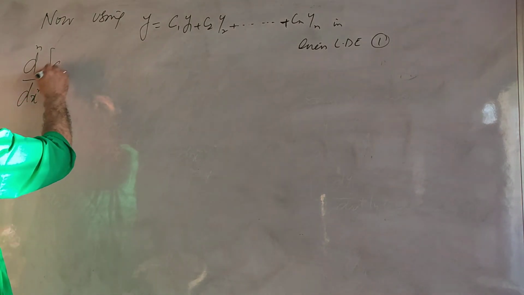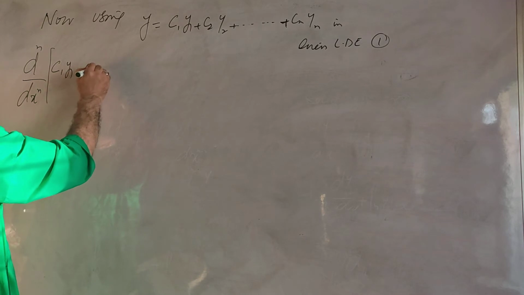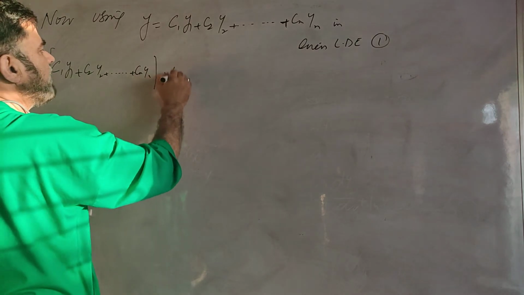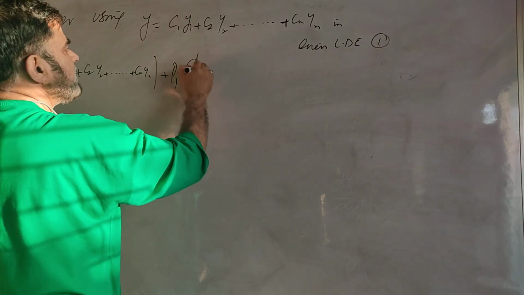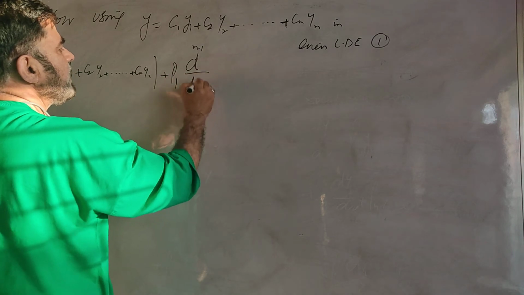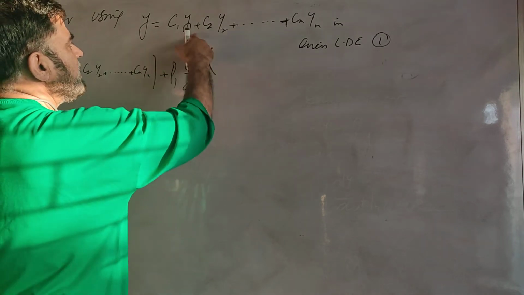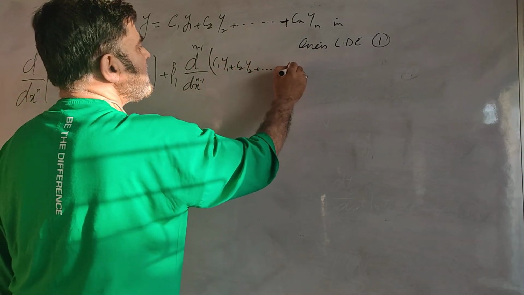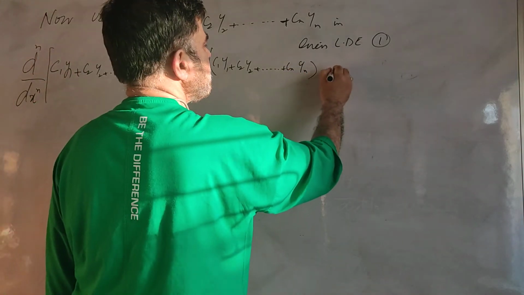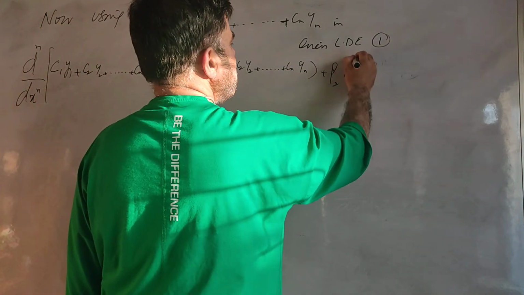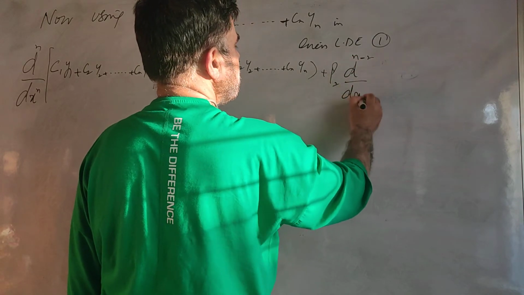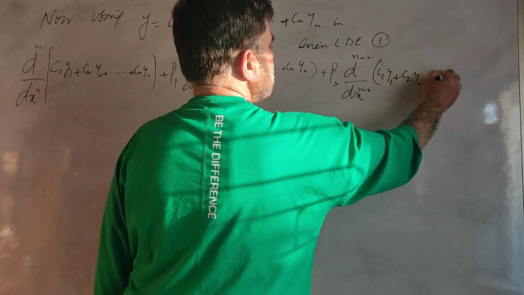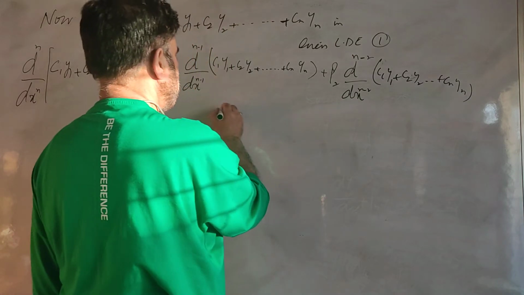This is your y, you will write it c1 y1 plus c2 y2 plus cn yn, then plus p1, I am using it in the first equation, d^(n-1)/dx^(n-1), y you will replace by c1 y1 plus c2 y2 plus cn yn, then plus p2 d^(n-2)/dx^(n-2), again c1 y1 plus c2 y2 plus cn yn, then plus so on.